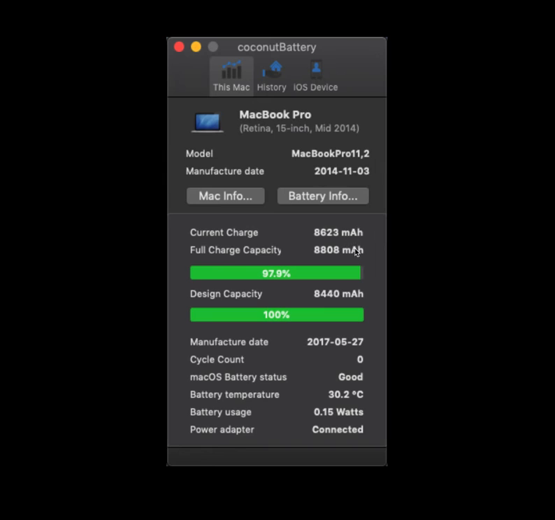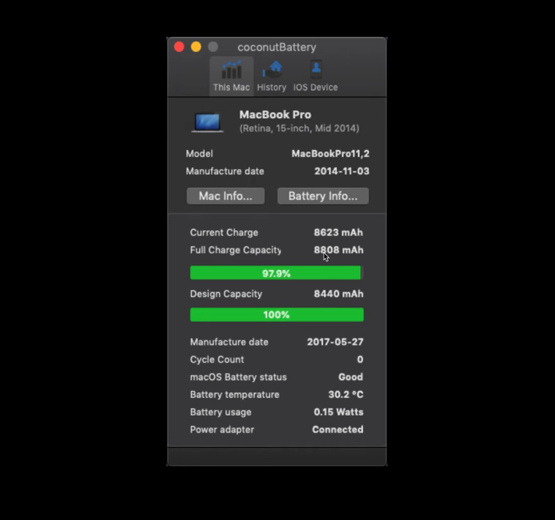So why is that? Well, batteries are kind of strange creatures. They're sort of oddly organic in a way. They're not exact in the way you would expect them to be. Every battery will have its own unique characteristics, and the numbers are going to be a little bit different from each battery. So even though this is a brand new battery, you don't necessarily expect that to be exactly the design capacity.